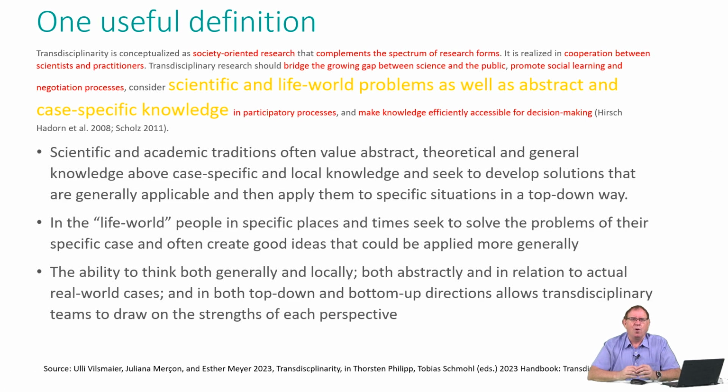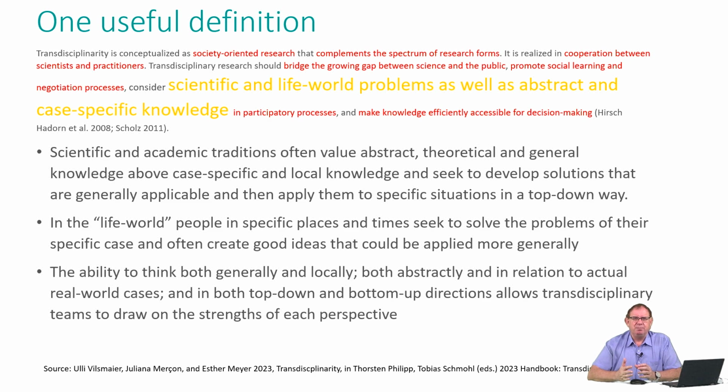In a life world approach, people in specific places and times seek to solve the problems of their situation, their circumstances, their environment, and they often create good ideas that are suitable for their environment and which could be shared more broadly for people in other settings.